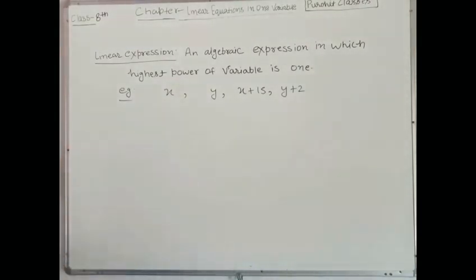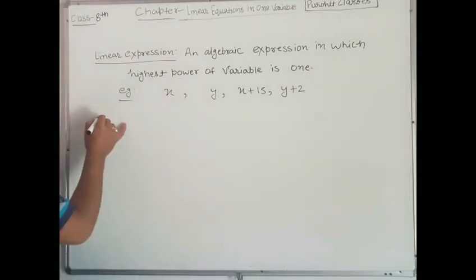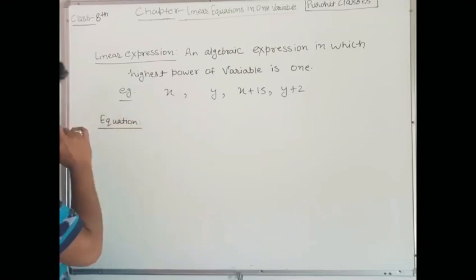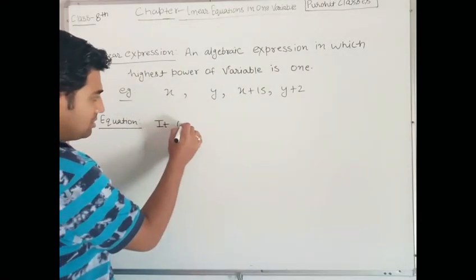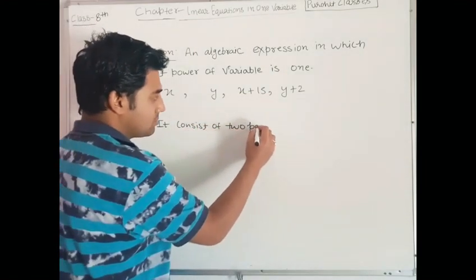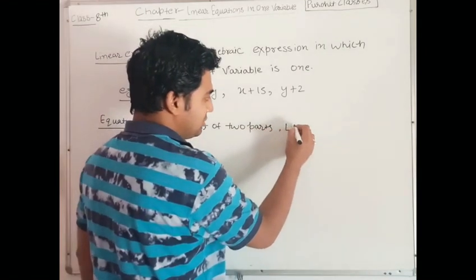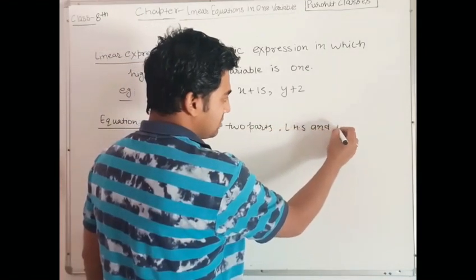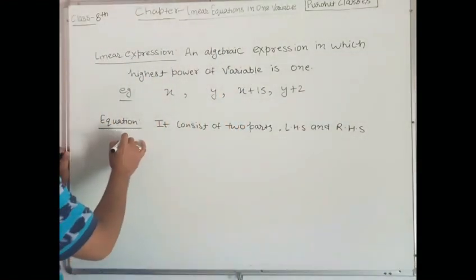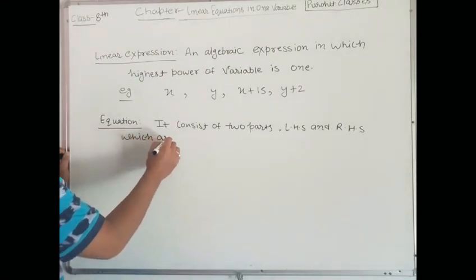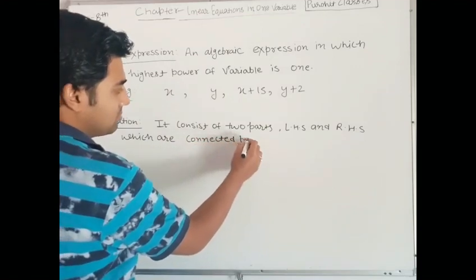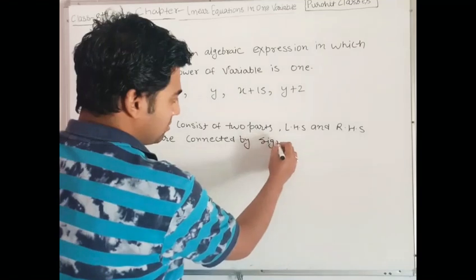Okay. Now it's time to understand equation. What is equation? It consists of two parts, LHS and RHS, which are connected by sign of equality.